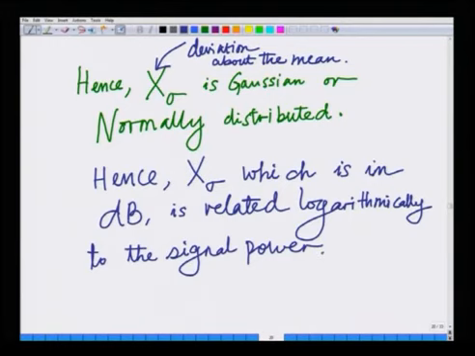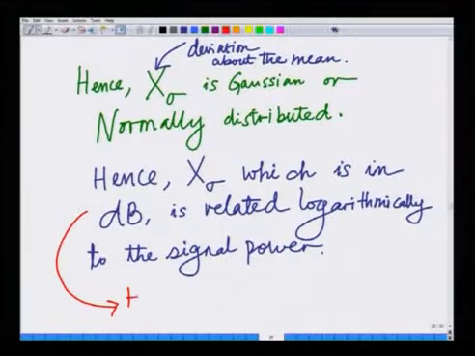It is normally distributed and, since it is in dB, logarithmically related to the signal power. Hence, this is also termed as a log normal distribution.